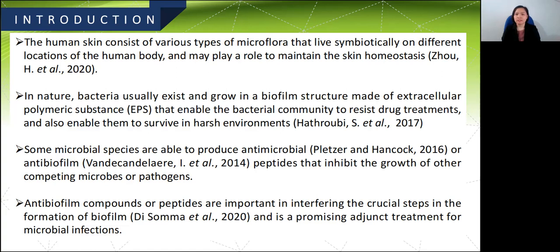Some microbial species are able to produce antimicrobial or antibiofilm peptides that inhibit the growth of other competing microbes or pathogens. Antibiofilm compounds, as stated by the SOMA in 2020, are important in interfering the crucial steps in the formation of biofilm, and it is a promising adjunct treatment for microbial infections.